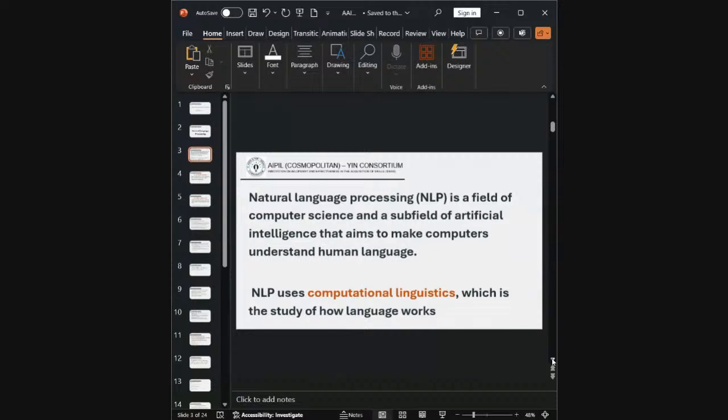In fact, the bulk of today's lecture is going to be centered on computational linguistics. There's no way you can talk about processing natural language without having an understanding of computational linguistics, and that is the study of how language works.